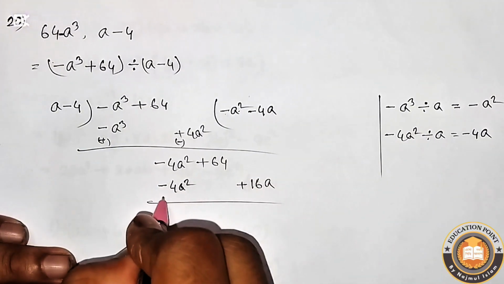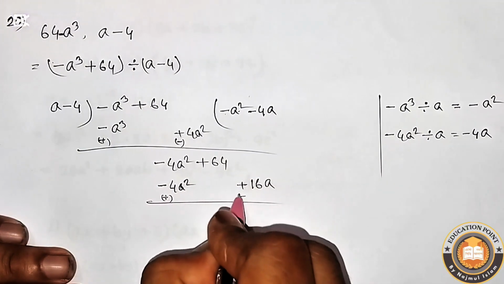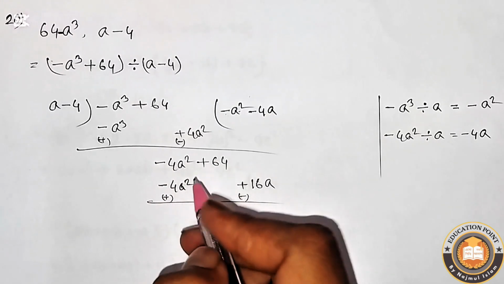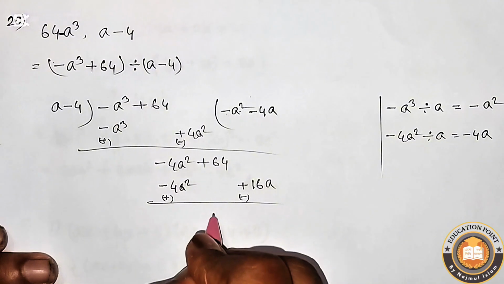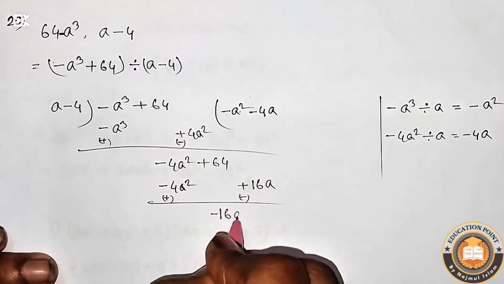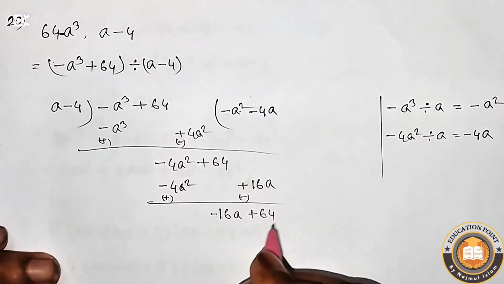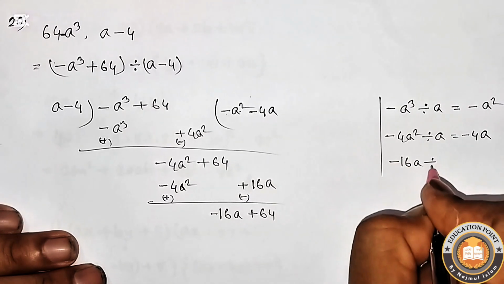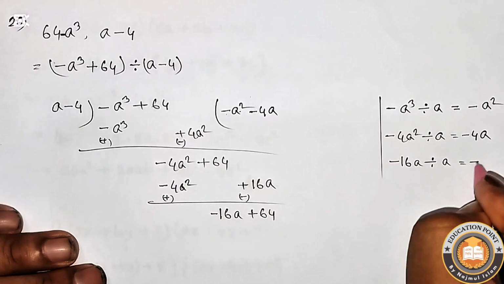According to the division law, their symbol will be changed. Minus 4a square plus 4a square equals 0. So we can write minus 16a plus 64. Now minus 16a divided by a equals minus 16.